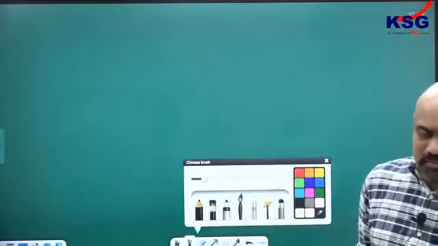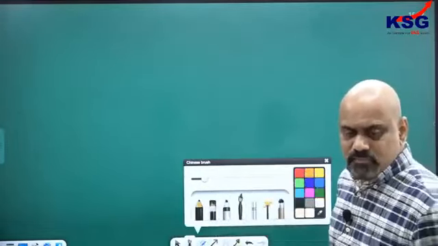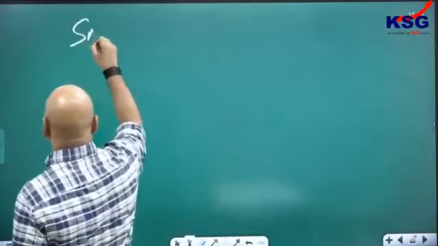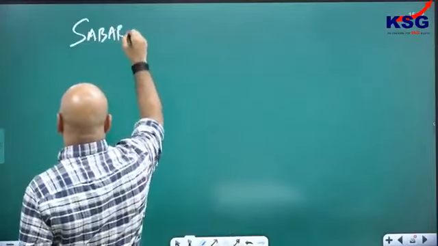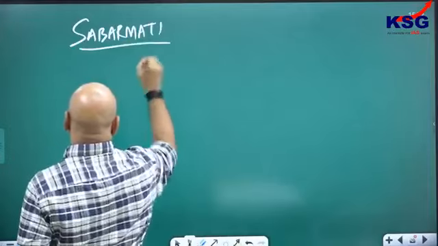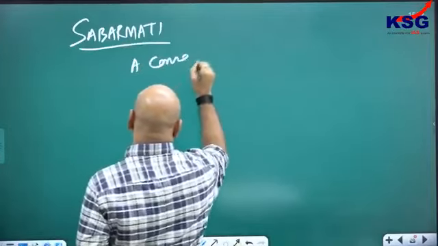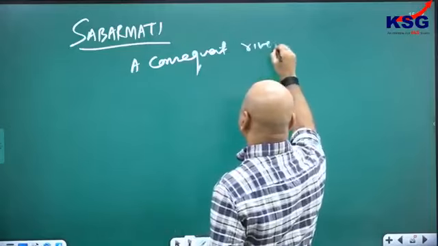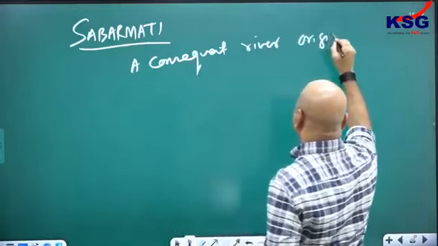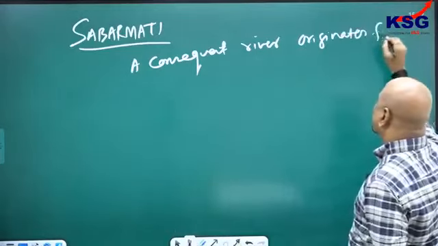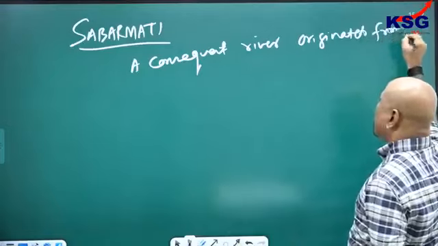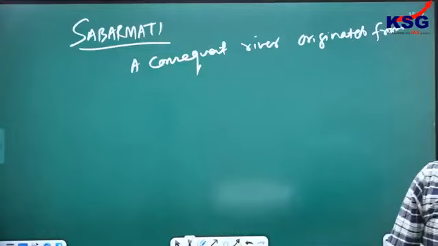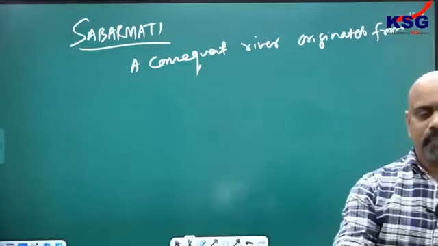Next one, you have the Sabarmati river. Sabarmati, a consequent river, originates from which region? Which hill?